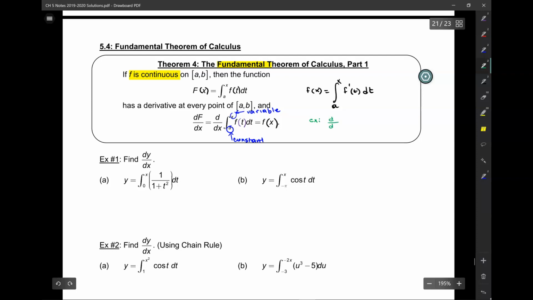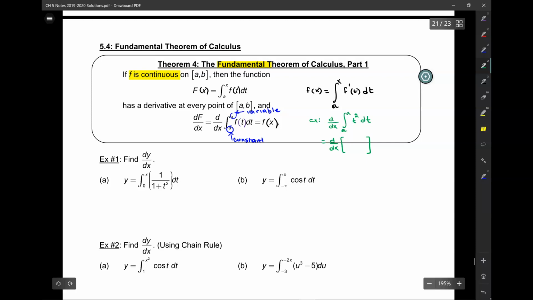Suppose I had d/dx, the derivative of the integral from a to x of t squared dt. Okay, we're going to go in parts here. This is equal to d/dx of the integral of t squared, right?